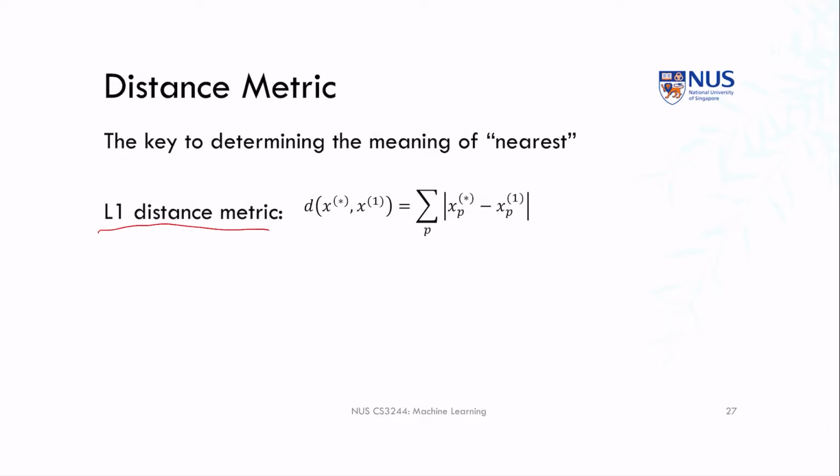A very simple way to introduce this idea is to use what we're going to call the L1 distance metric. There's a formula here, and it's fairly easy to understand.